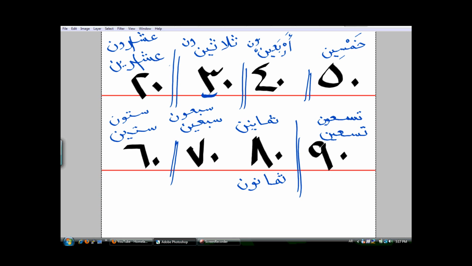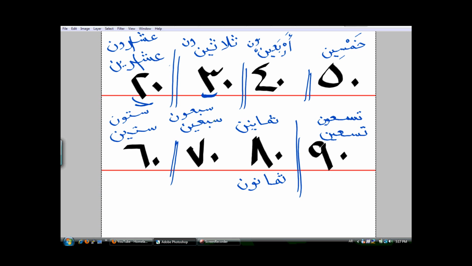عشرون ثلاثون أربعون خمسون ستون سبعون ثمانون تسعون, or عشرين ثلاثين أربعين خمسين ستين سبعين ثمانين تسعين. Usually when you just say the number alone, like 20, you don't say عشرون. Usually people go with عشرين. So usually they just say عشرين ثلاثين أربعين خمسين ستين سبعين ثمانين تسعين when they're alone.